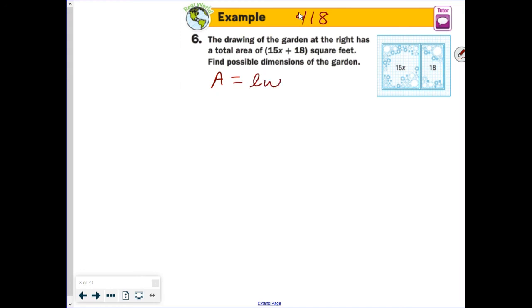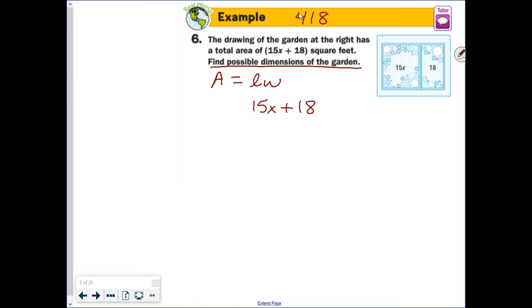So what we're asking when we say find the possible dimensions of the garden is we're looking for two numbers or two expressions that when multiplied together would give you 15x plus 18. What can we divide into that in order to factor it into two factors?